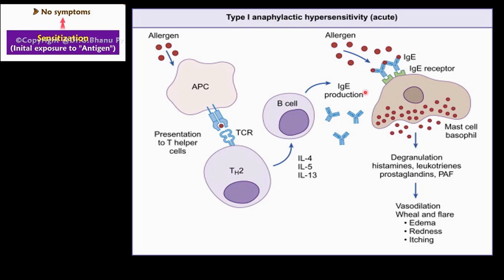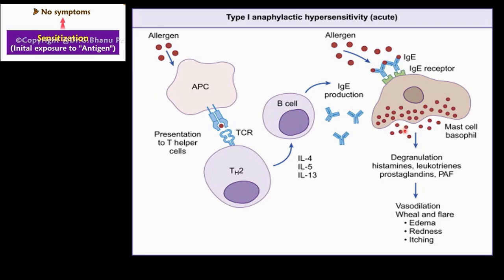And if the same person gets exposed to the same allergen a second time, on re-exposure there is no antigen presenting cell phase, so it directly attaches to the IgE antibody, which is already attached to the mast cell, and then there is degranulation of the mast cell.